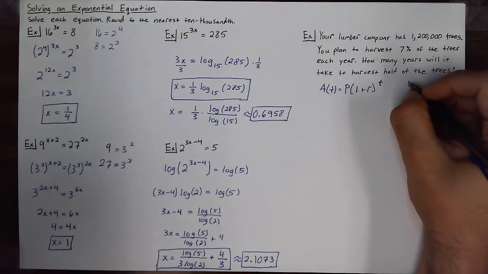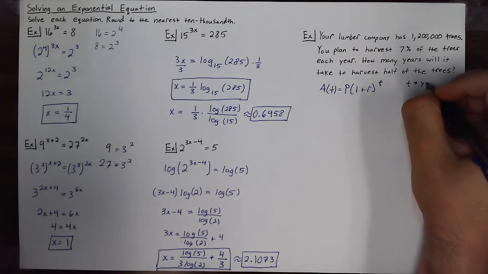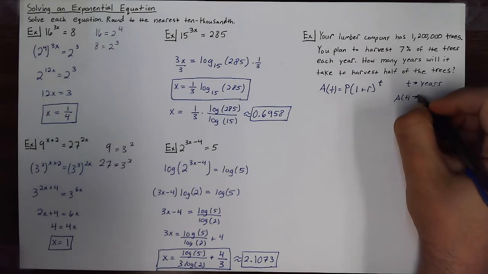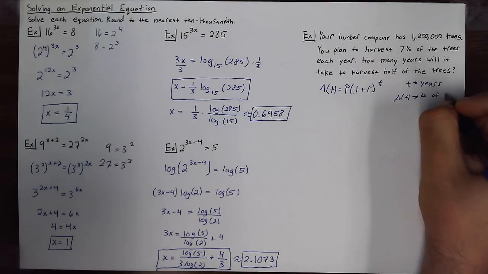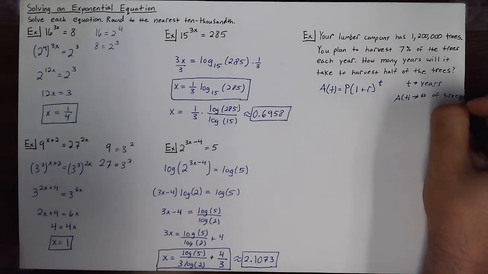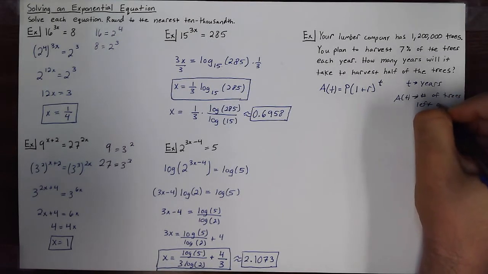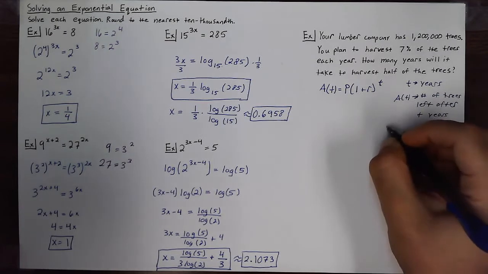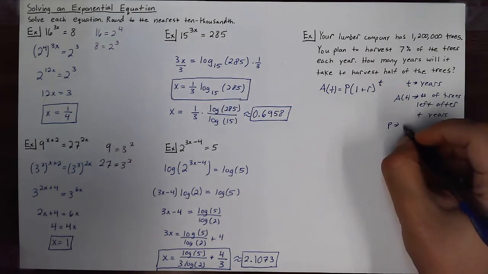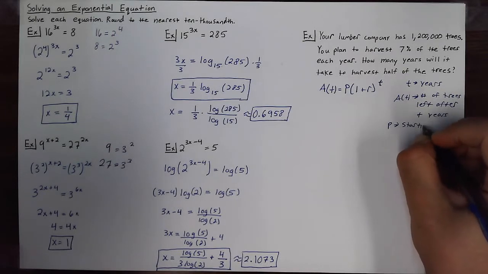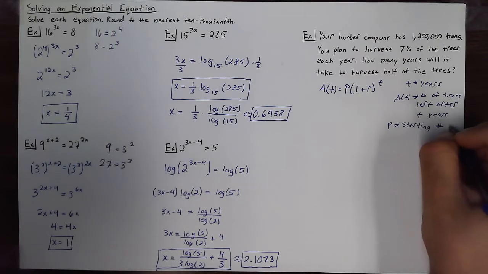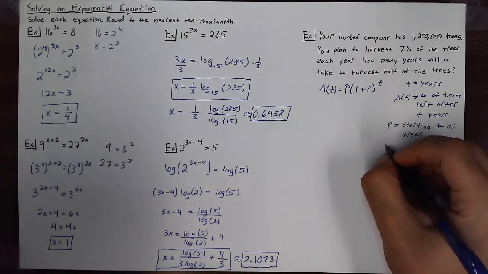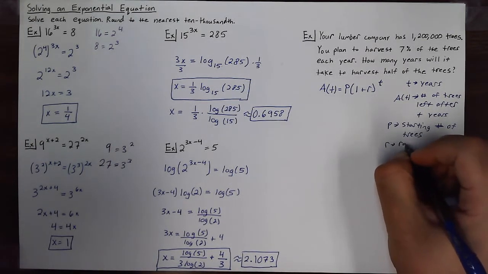In this case, t will be how many years have passed. A of t will be the number of trees left after t years. P will be the starting number of trees. And r is your rate, at which you cut down the trees.